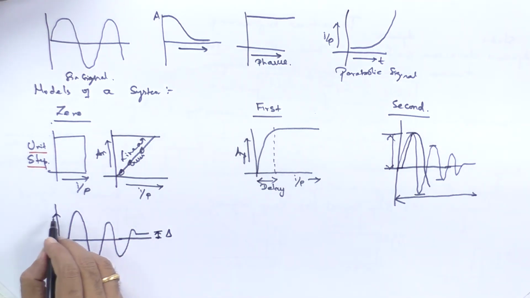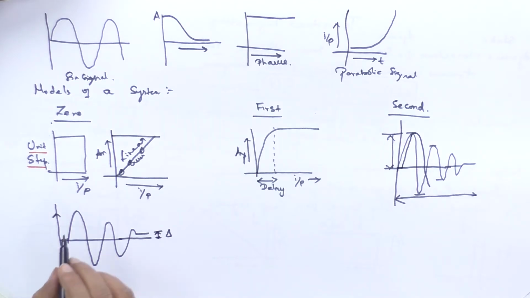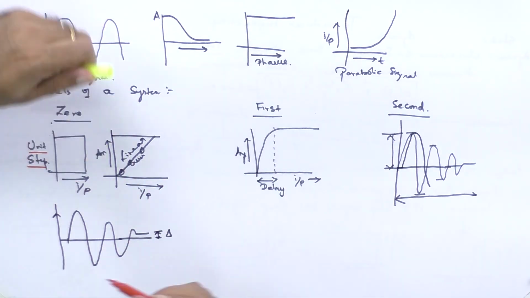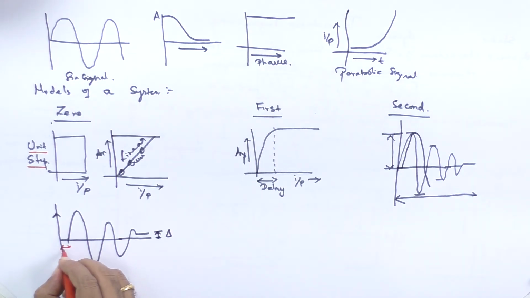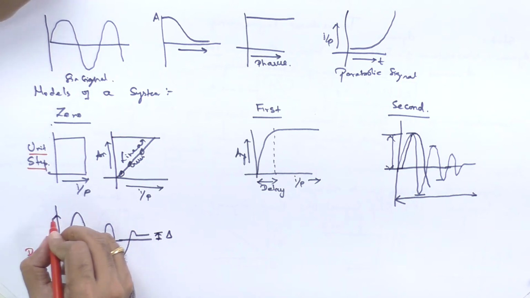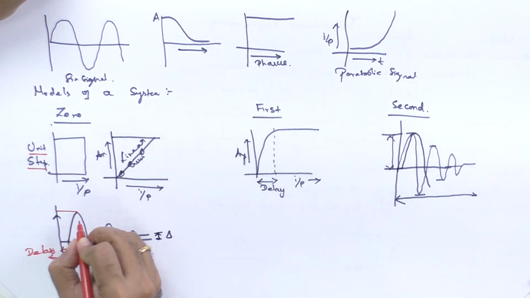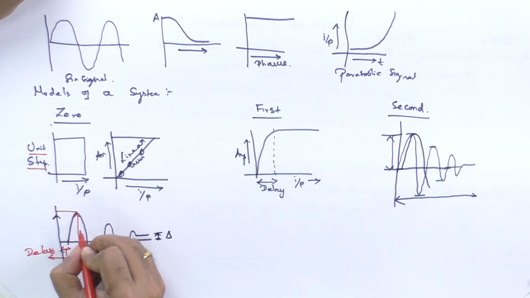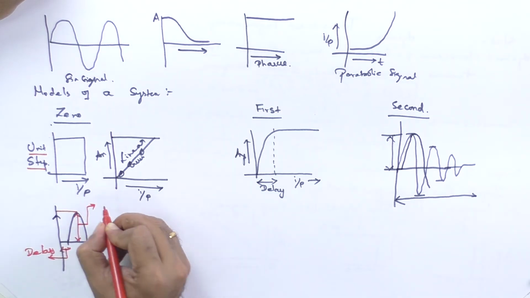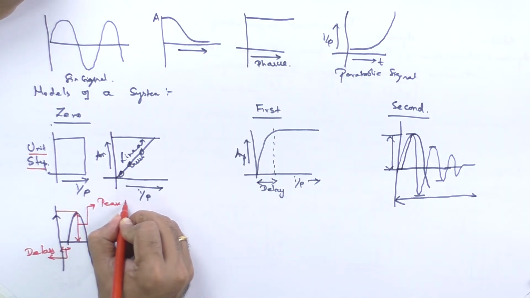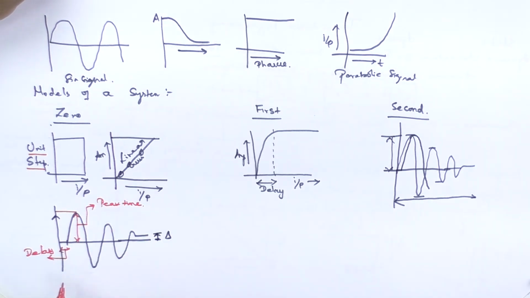You are giving in a unit step response and then it takes some delay. This is the delay taken, and this is called the peak time.